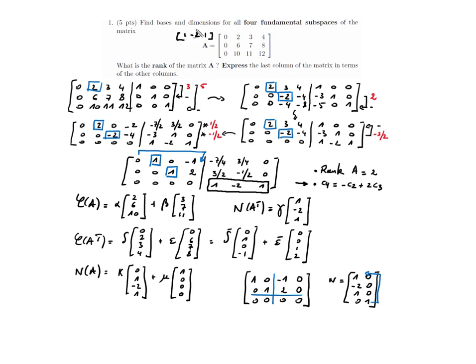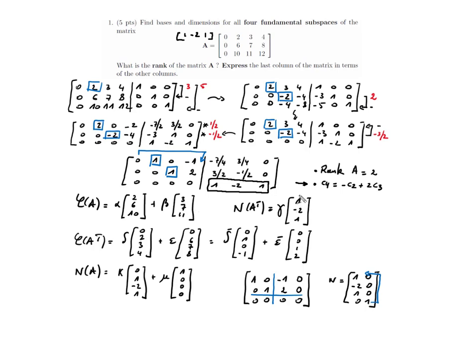So if you take the transpose of this one, you obtain a base for the left null space. You can check this because you know that the base vectors of the left null space should be orthogonal to the base vectors of the column space, right?